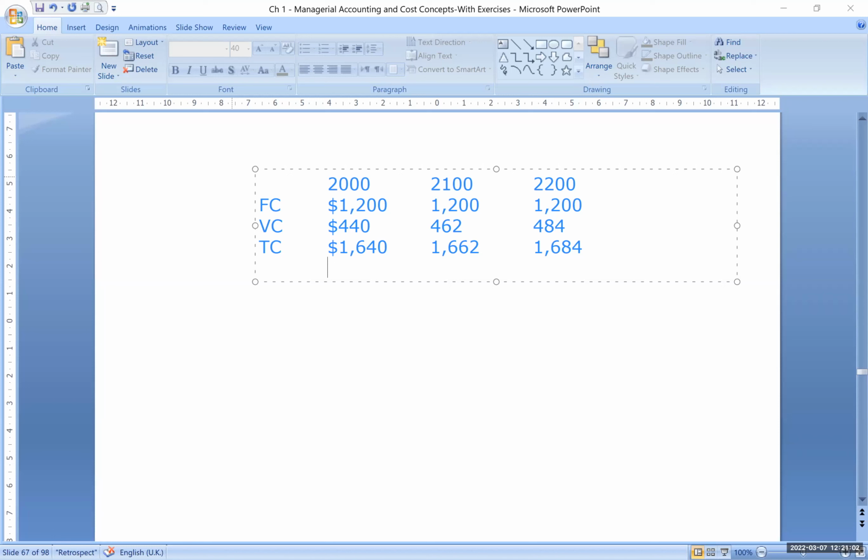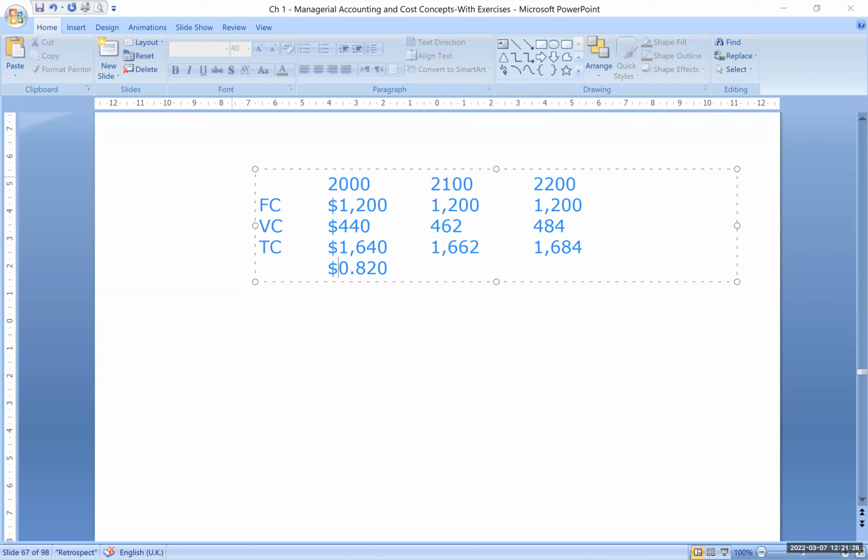For the first column, we say 1,640 divided by 2,000. This equals 0.82, which is 82 cents or $0.82.